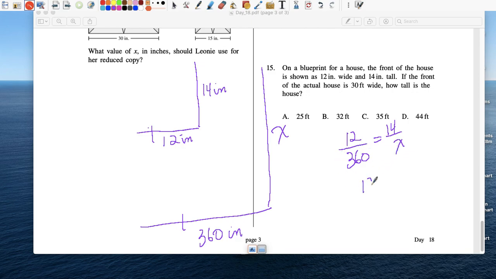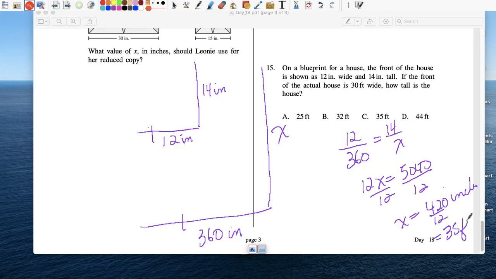Cross multiply, 12x equals 360 times 14, which is 5,040. Divide by 12, x equals 420 inches. We divide that by 12 to change it to feet, and we get 35 feet.